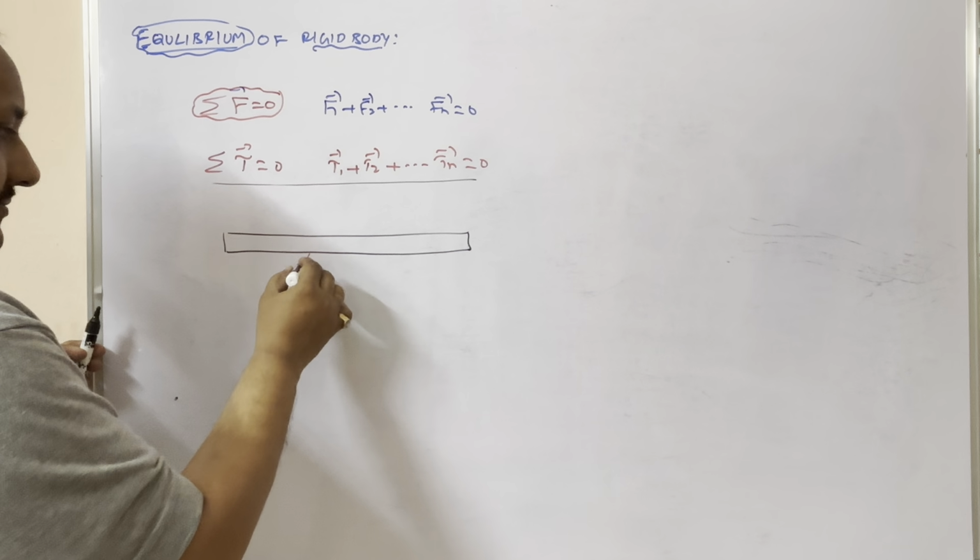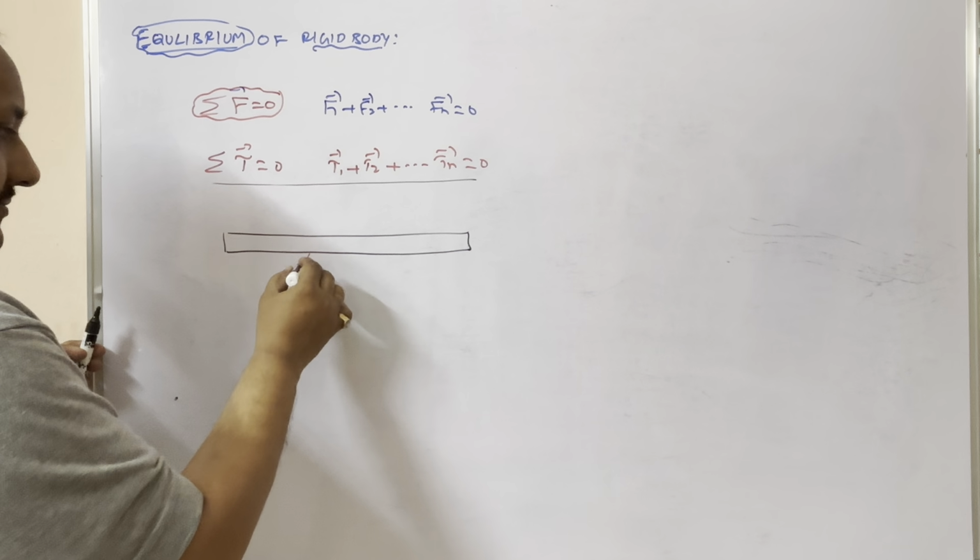If we have taken two fulcrums here, then R1 plus R2 or N1 plus N2 is equal to the downward forces. I am taking the mass of this object as negligible. At the time we don't want the mass of this rod or object. So upward forces equal downward forces.